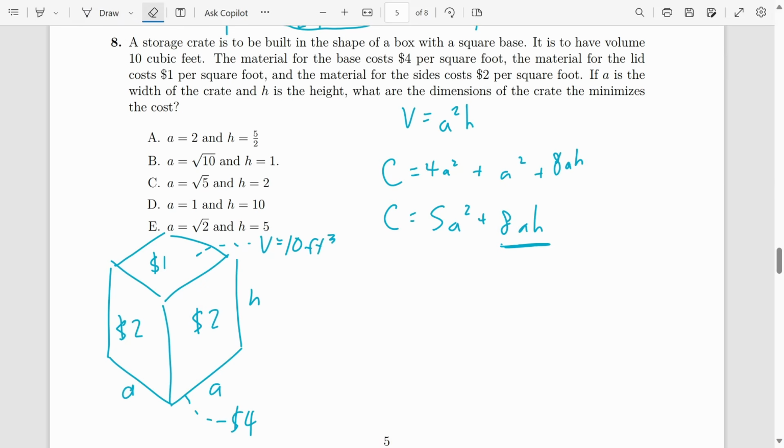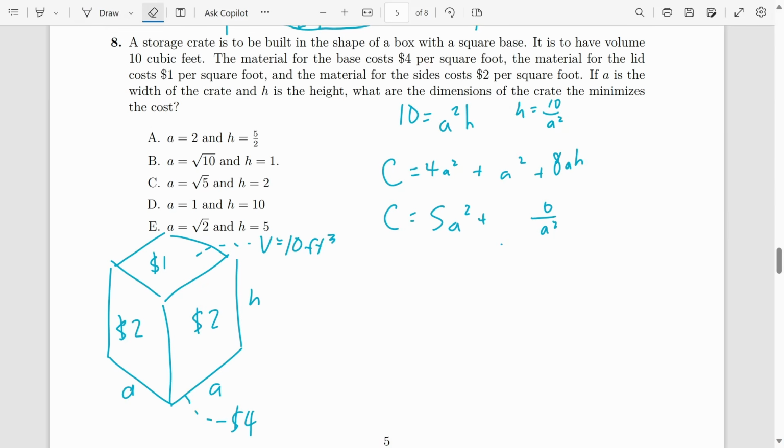So we can get h in terms of a by using the volume formula. Since the volume equals 10, we can divide both sides by a squared to get h. So h equals 10 over a squared. We can plug that in down here: 10 over a squared, I'm sorry. And now we have everything in terms of a.